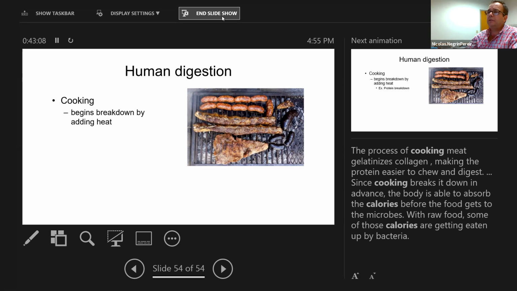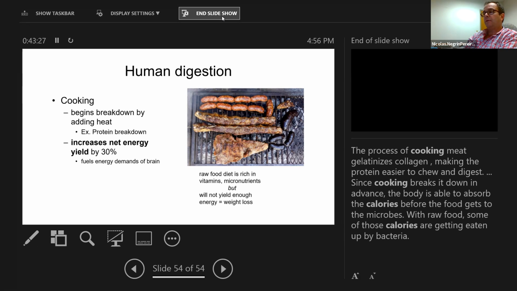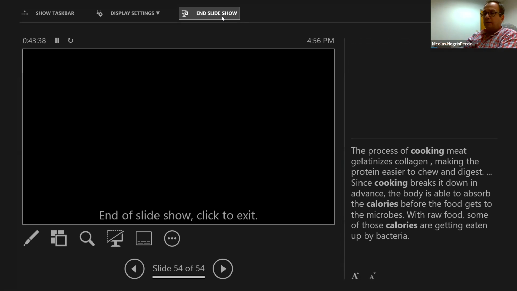So cooking is a process that begins the breakdown of the molecules by adding heat, mainly protein breakdown, that increases the net energy yield by the animal that is ingesting the food by 30%. That fuels the energy demands of the brain. A raw food diet is rich in vitamins and micronutrients, but bear in mind that it will not yield enough energy, so that will lead to weight loss.